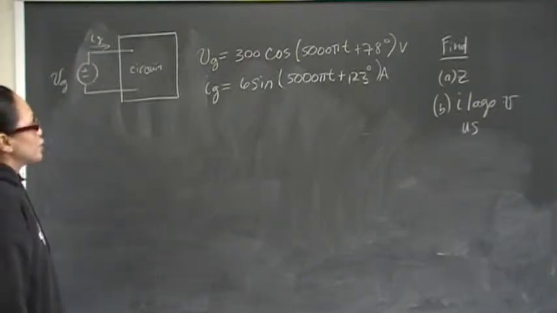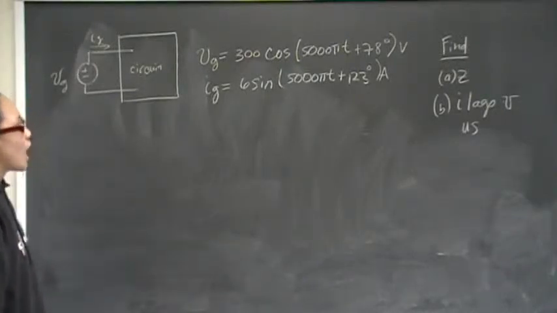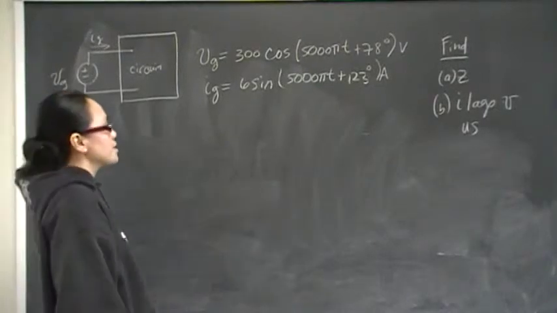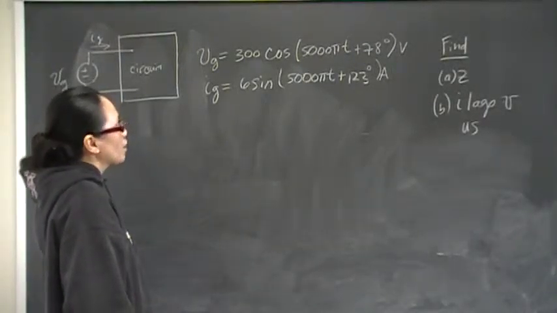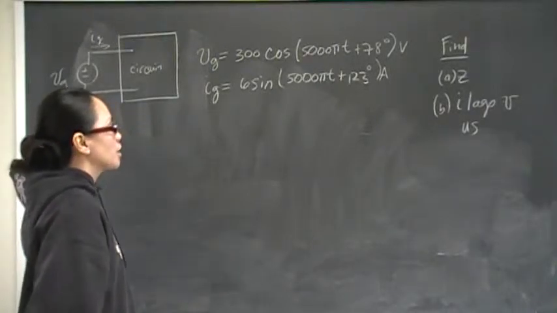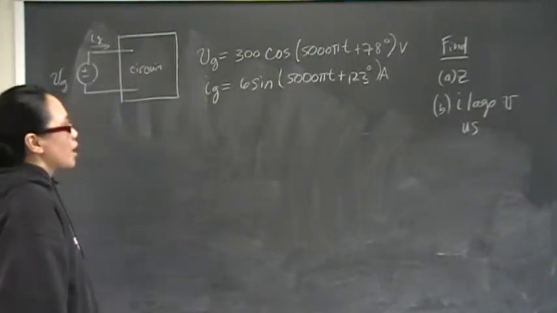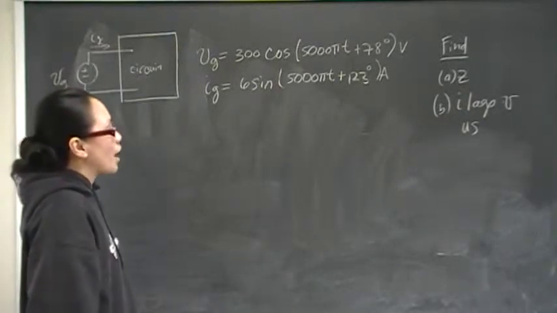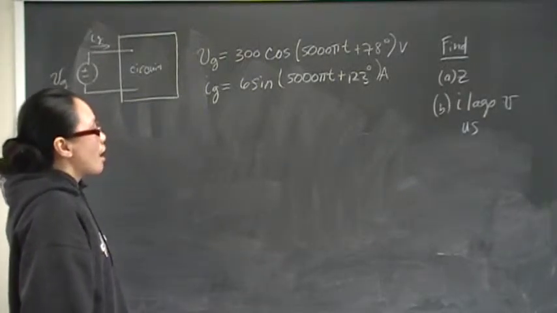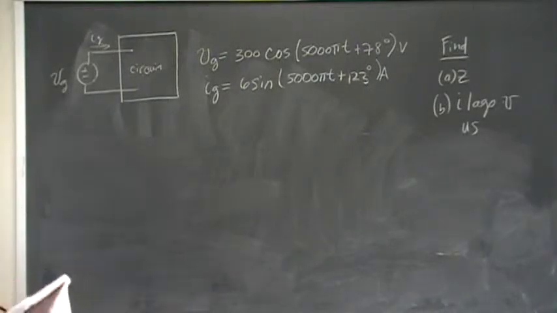The voltage source is 300 cosine(5000 pi t + 78 degrees) volts, and the current is 6 sine(5000 pi t + 123) amps. We are looking for the impedance, and also for how many microseconds the current lags the voltage by.